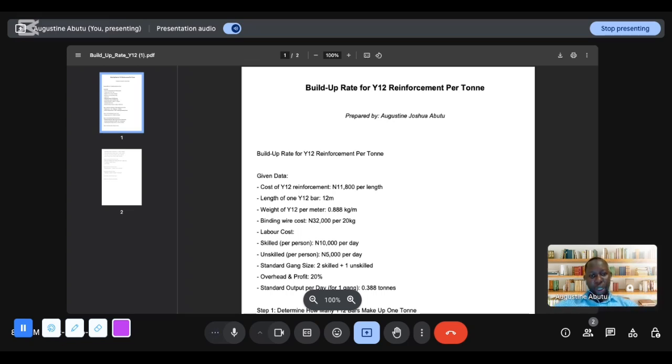For us to achieve that, we need to know the weight in kg. Then we will convert it to tons, so that we'll know how many lengths we have in one ton. Please follow me so that you will not be confused.